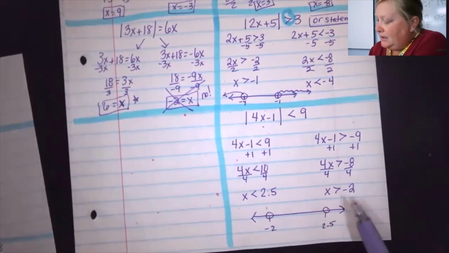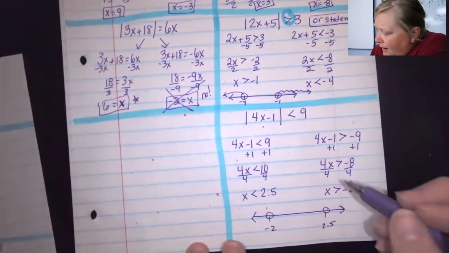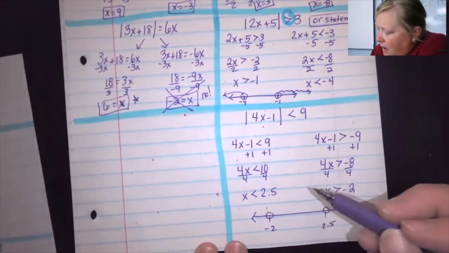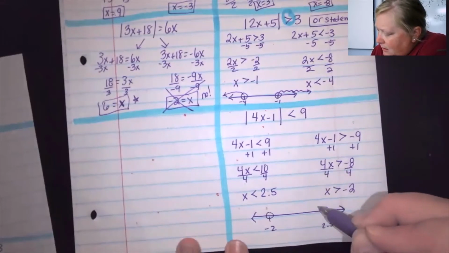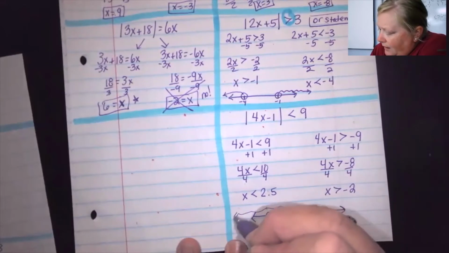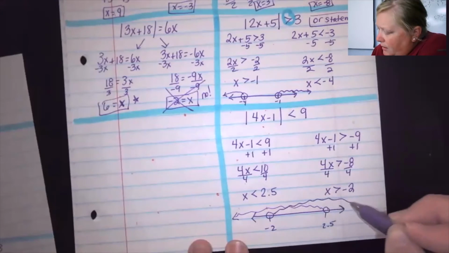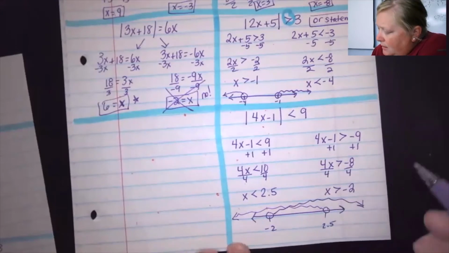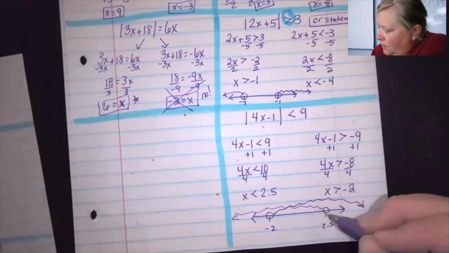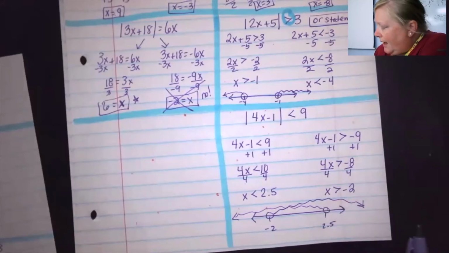All right, let's see what this says. X is less than 2.5, and x is greater than -2, and they overlap. Well, let's see. Should I highlight in between? Well, let's check.